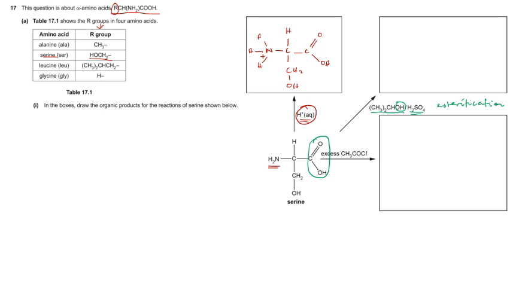Right, so let's draw out our ester then. So we've got our amine group, which we'll come back to at the end because we could have that protonated by the catalyst as well, but let's draw it like this for now.